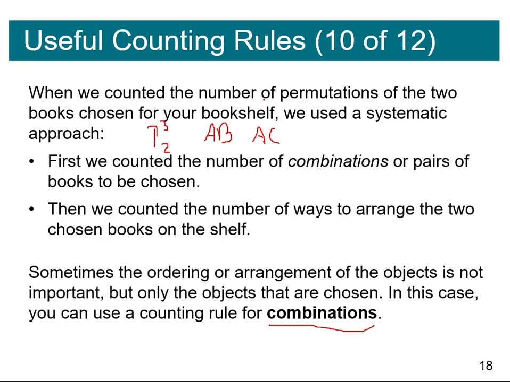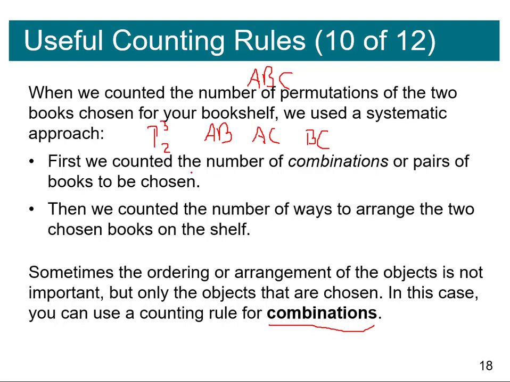Remember, there were 3 books, called A, B, and C. So we could choose A and B, we could choose A and C, or we could choose B and C for the 2 books. So first we counted the number of combinations, or pairs of books to be chosen.